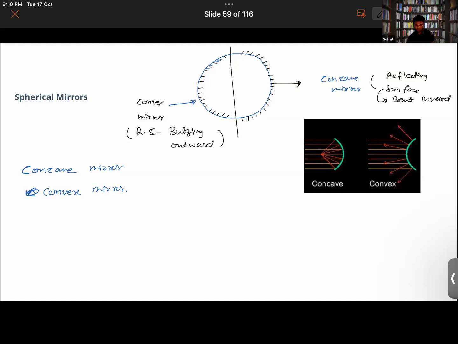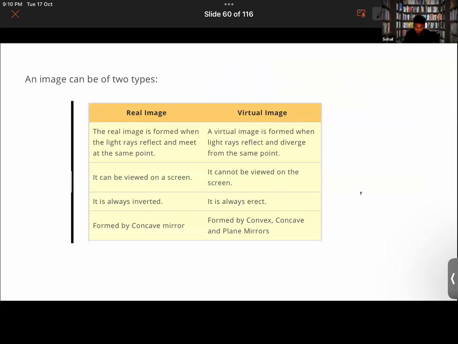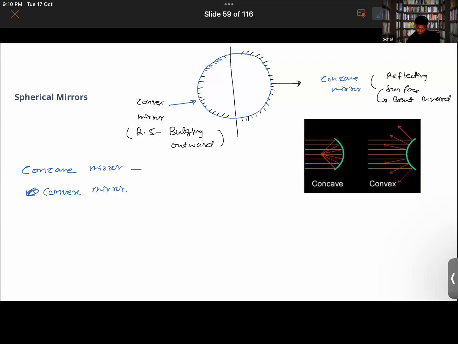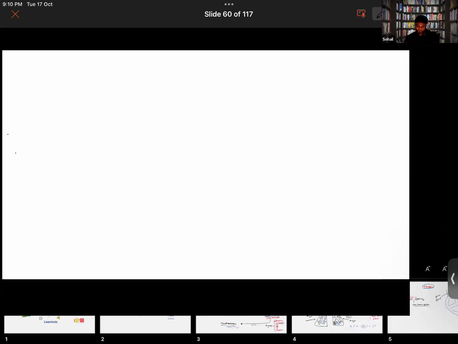Then let's talk about the type of images formed by the two spherical mirrors. Let's talk about the concave mirror first. So it gives us real images, right? The concave mirror forms a real image. Getting it now? So let's draw the concave mirror first.